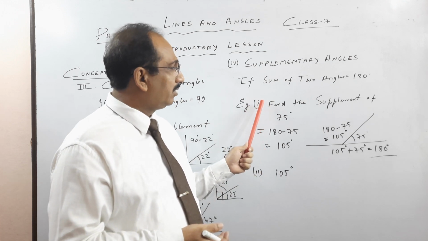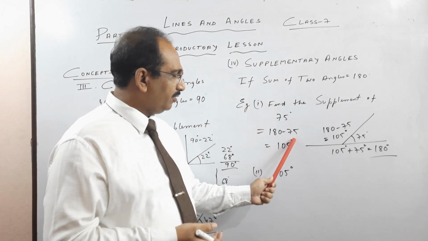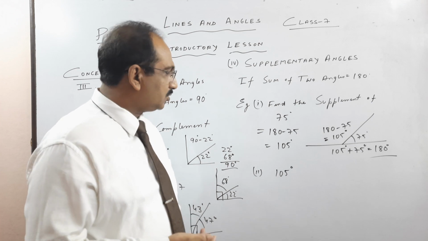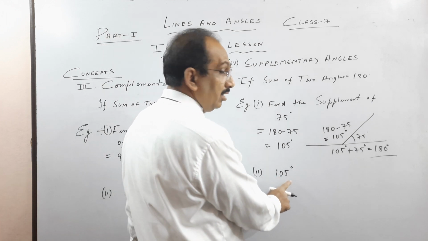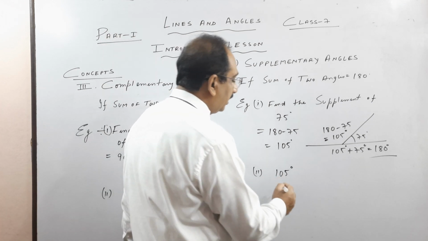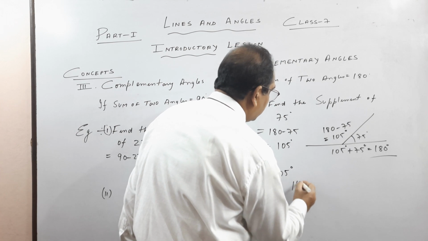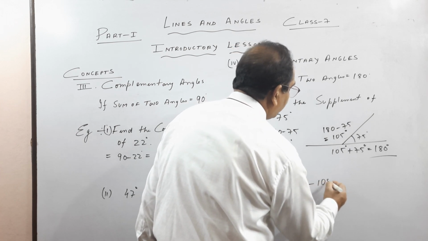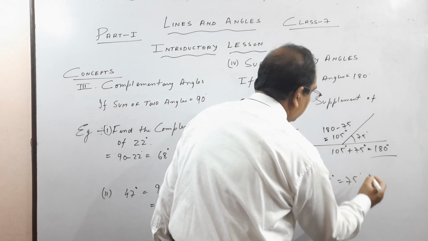So for supplementary angles we subtract from 180 degrees. So here if you have to find the supplement of 105, we write 180 minus 105, we will get 75 degrees.